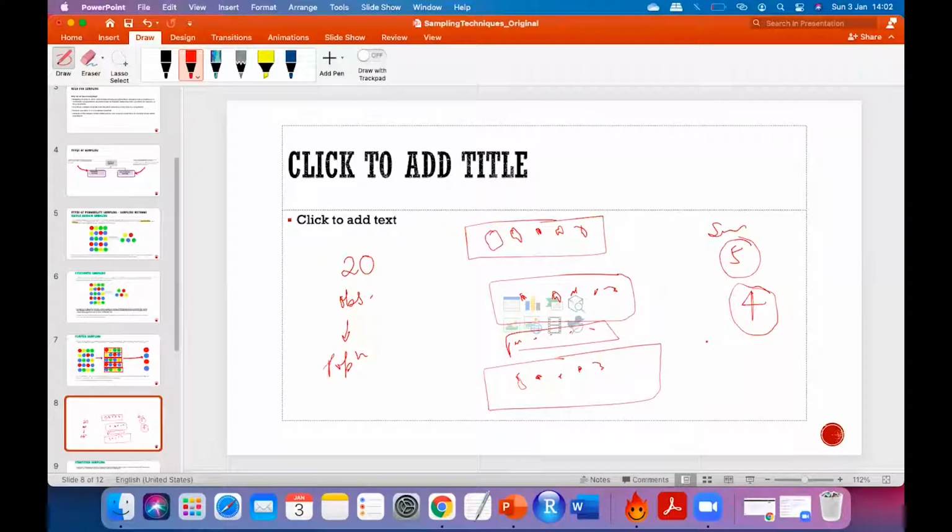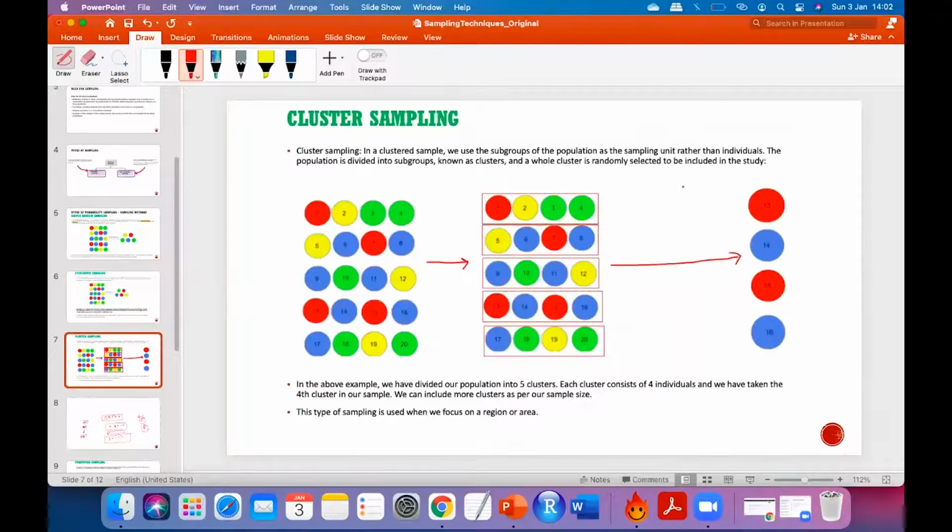I'll tell you why we are doing it like this. I want 4 elements, so 4 here, 4 here, 4 here, 4 here, 4 here. 20 done, right? 5 clusters. This number doesn't matter.